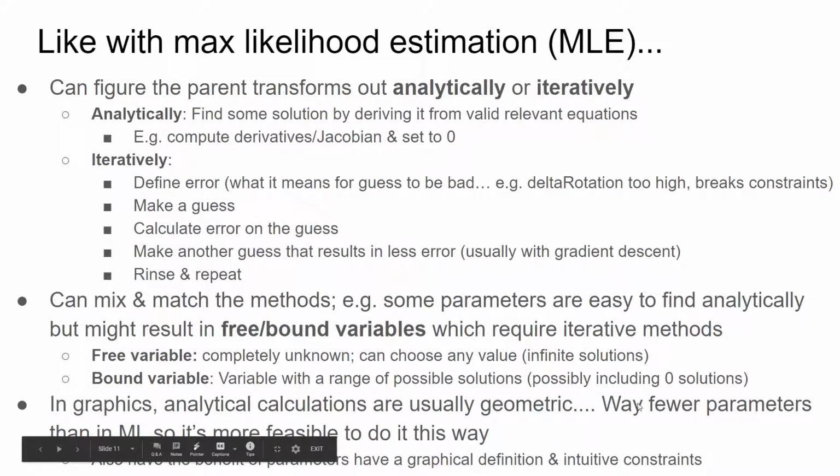And like I said, there's usually some graphical definition. We also have relatively intuitive constraints. One of the reasons we use Euler angles is because Euler angles make sense to us. We can imagine on a unit circle what it means for something to be rotated a certain way. Like if my elbow rotates by 30 degrees, you know what that means graphically.